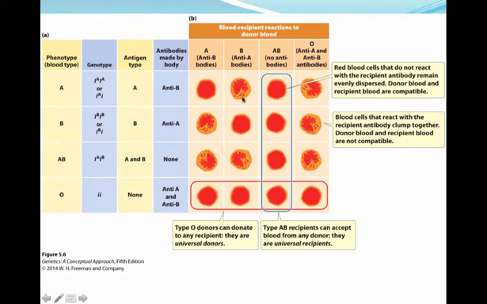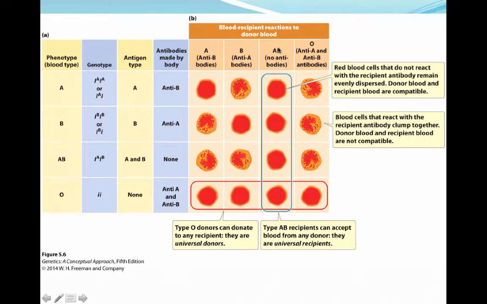And so we can see those reactions outlined here by the orange. And so that is going to be a major reaction where blood types are not compatible with one another. So this becomes really important anytime you do blood transfusions in the hospital.